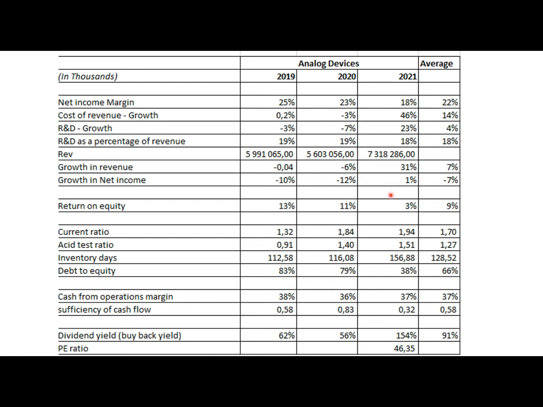but not bad. The decrease in the margins basically can be explained by the fact that revenues have been on the decline, so we're losing market share.